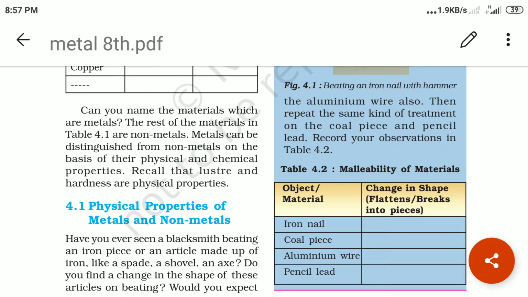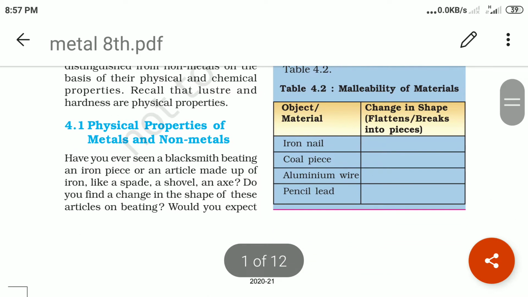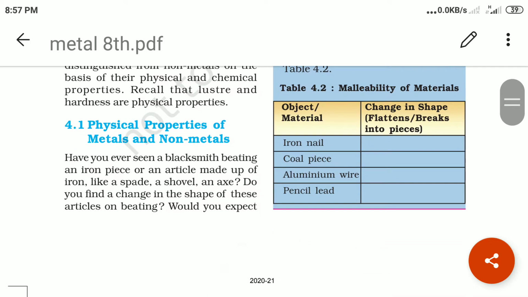We study their physical and chemical properties, and on the basis of physical and chemical properties we can easily differentiate metals and non-metals. Firstly, the physical properties of metals and non-metals. Here it is very easy to differentiate the metal and non-metal.